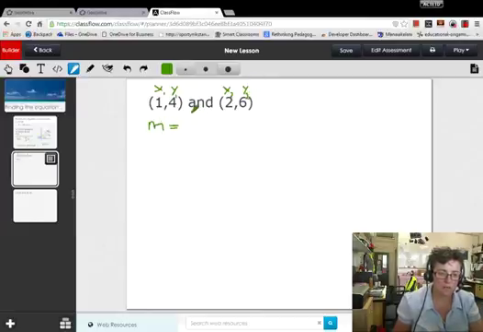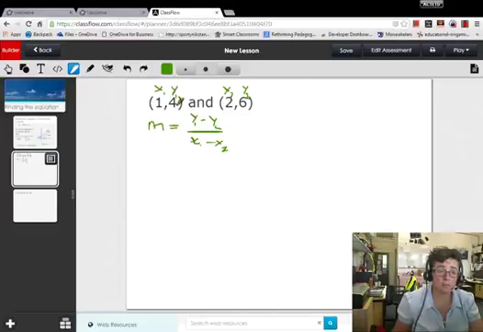So our slope is y1 minus y2 over x1 minus x2. I'm not very good with writing with this mouse, I'm sorry.